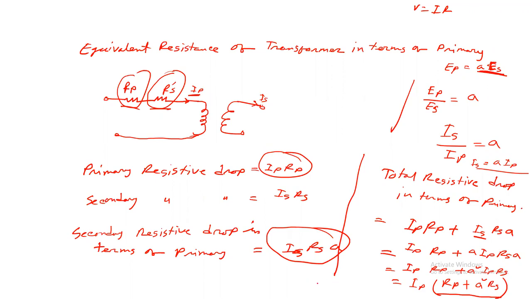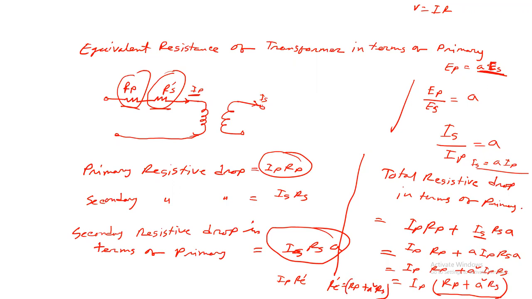Now, if this is named RE single prime, then RE single prime is equal to RP plus A square RS.